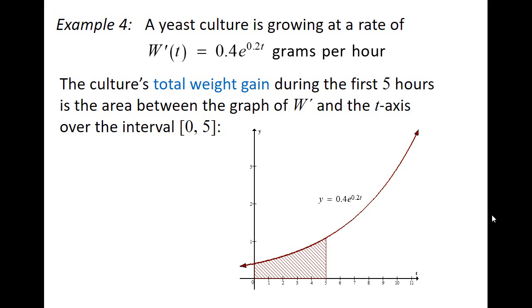So this is the graph of this W prime of t, and the culture's total gain during the first 5 hours is the area between the graph of W prime and the t-axis over the interval from 0 to 5.